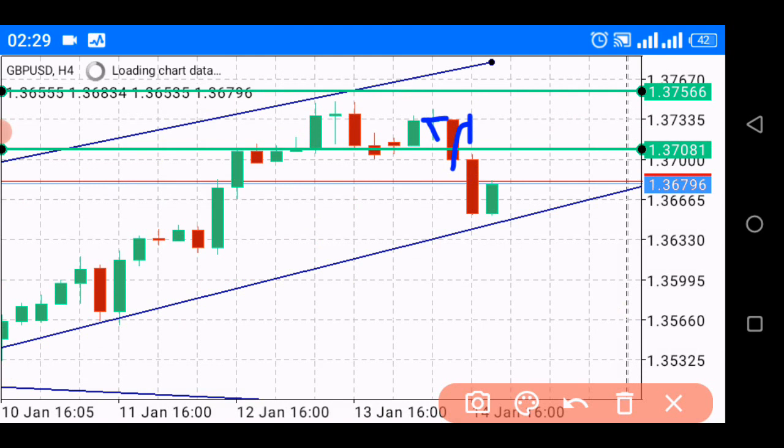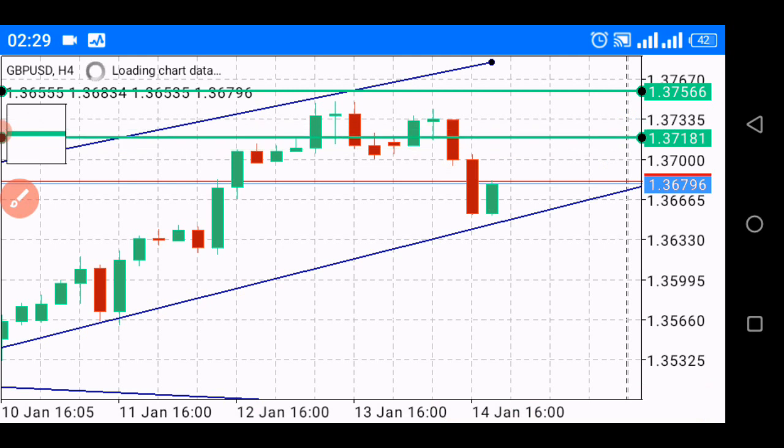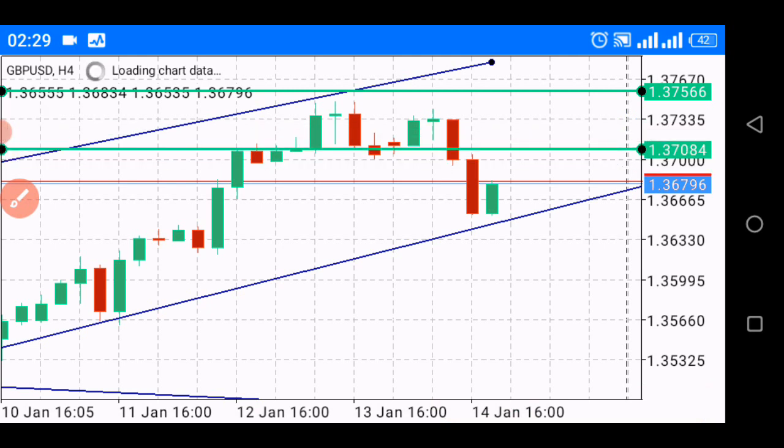With this structure here, you can take your sell trade here.